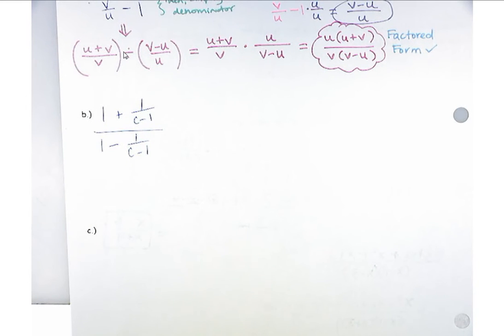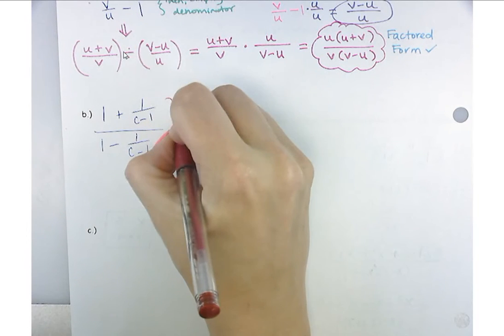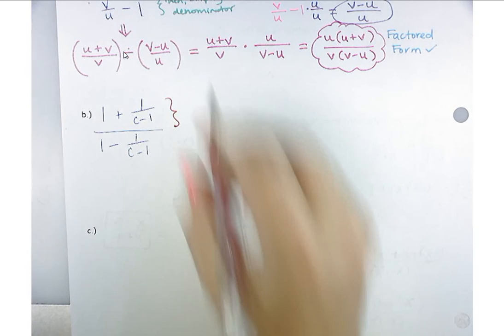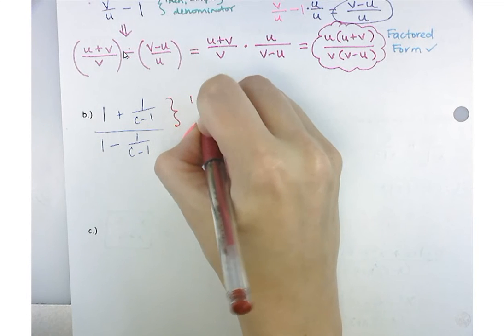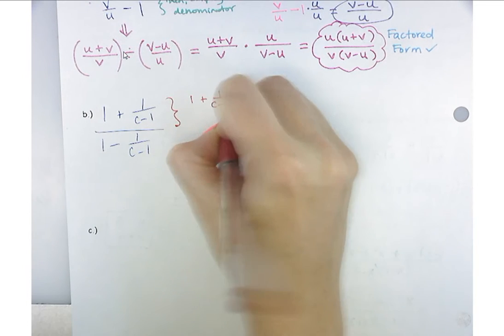Okay, if you haven't already started B, I want you to start thinking about that. Remember, just break it up so that you only have to work with one piece at a time. The first thing that we're trying to simplify is just the 1 plus 1 over c minus 1.